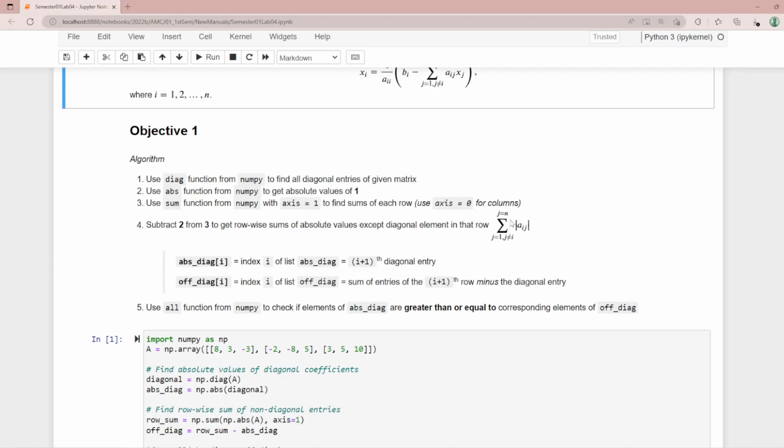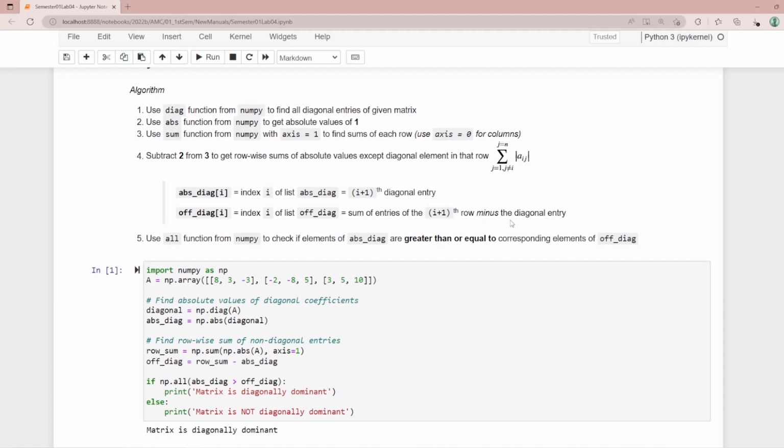Finally, we'll check whether all the elements in the abs_diag list are greater than or equal to the corresponding entries in the off_diag list.